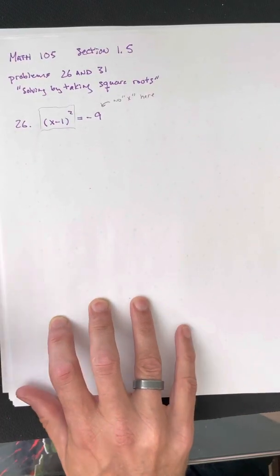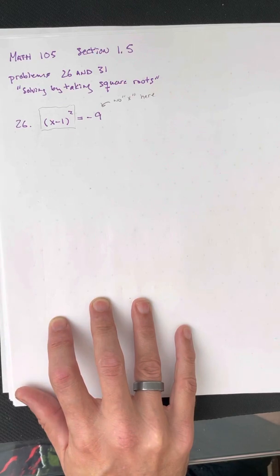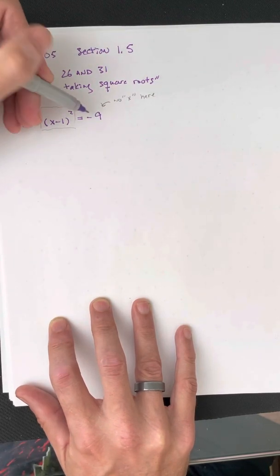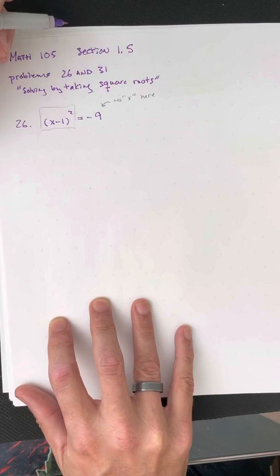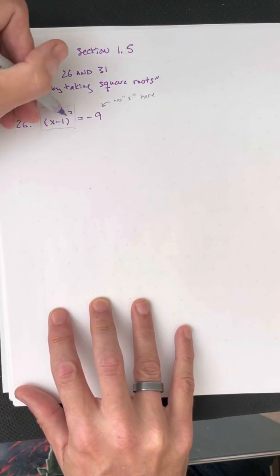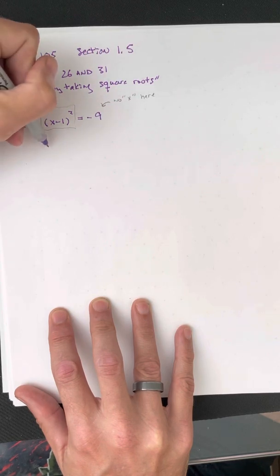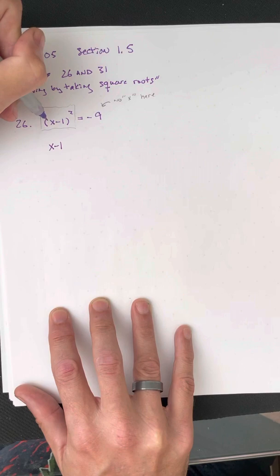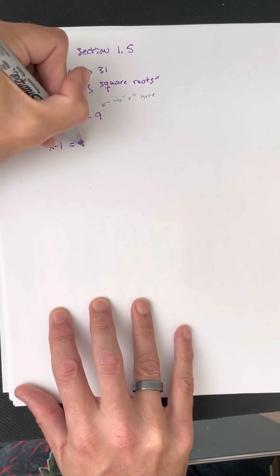So when you have that, something squared equals a number, then you can use this idea, and the idea is very simple. You just take the square root of both sides. Now, a lot of times we say, hey, this is -9, we can't take the square root of that. But remember, we're allowing complex numbers. So if I do this, then what you have is x minus 1 equals, and the big thing here is you have to do plus or minus.